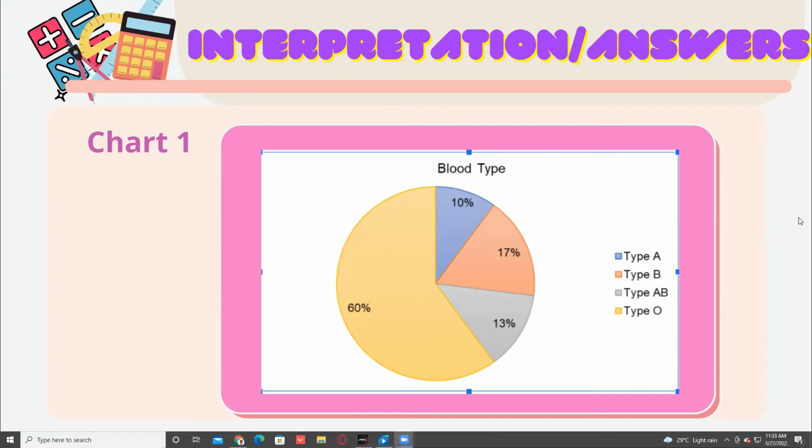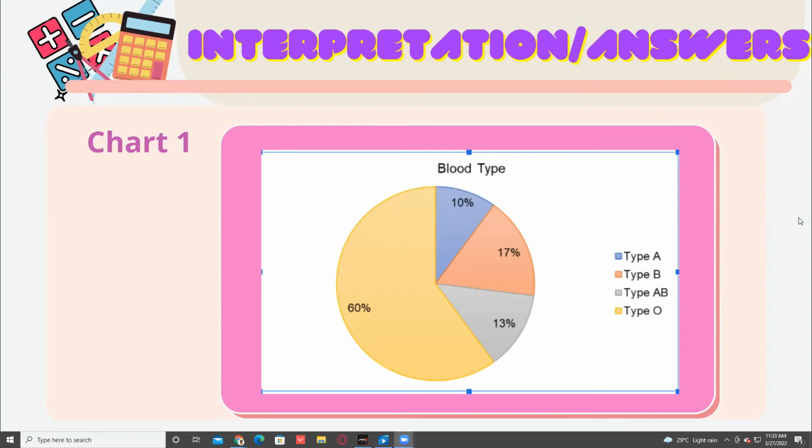In blood type B, there are 34 respondents with a percentage of 17%. Blood type AB has 26 respondents with a percentage of 13%, followed by blood type O, with 120 respondents in total with a percentage of 60%.